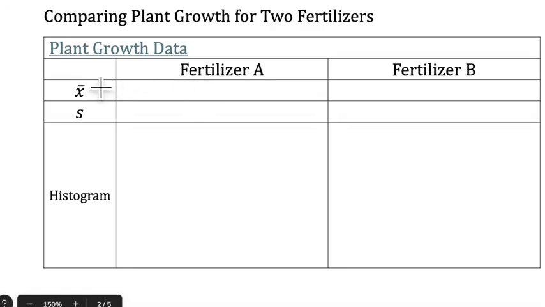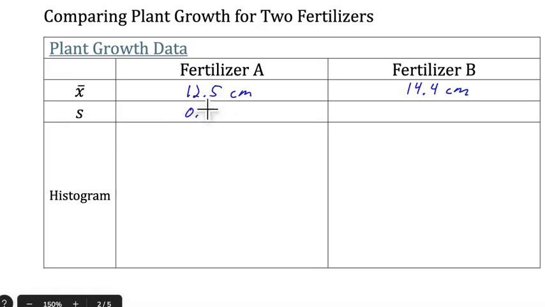So x bar, that's our abbreviation for the sample mean, and the mean from the sample for fertilizer A was 12.5 centimeters. And the mean height for the fertilizer B group was 14.4 centimeters. Little s, that's the abbreviation for the sample standard deviation. It's a measure of spread.